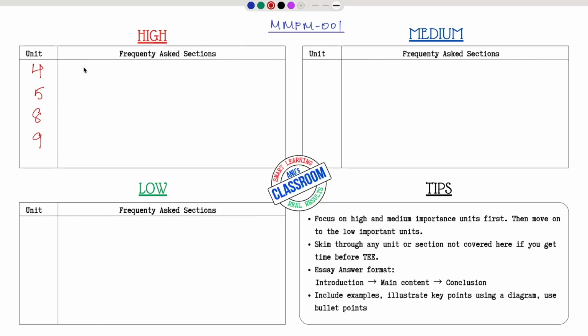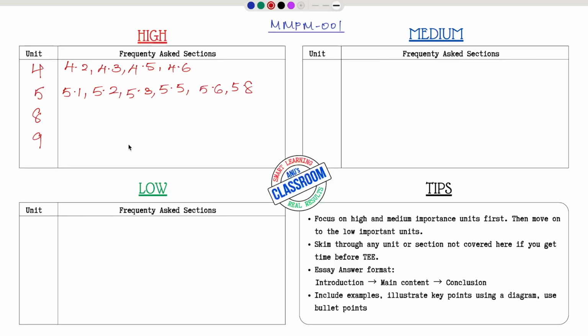From unit 4, it is 4.2, 4.3, 4.5 and 4.6. From unit 5, it is 5.1, 5.2, 5.3, 5.5, 5.6 and 5.8. But unit 8, that is consumer motivation and involvement, from block number 2, you need to have an overall understanding of all the concepts that have been discussed in this unit 8.